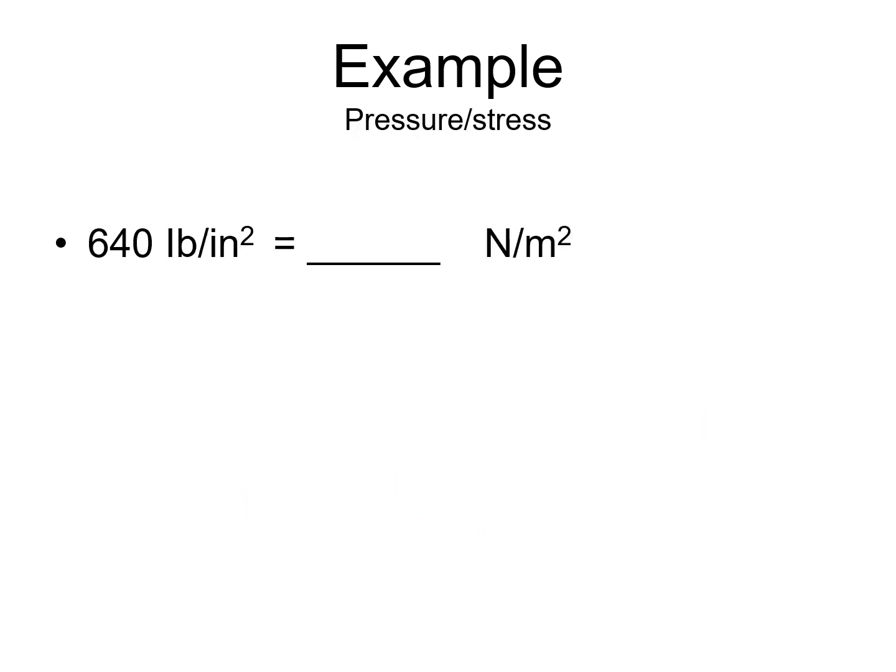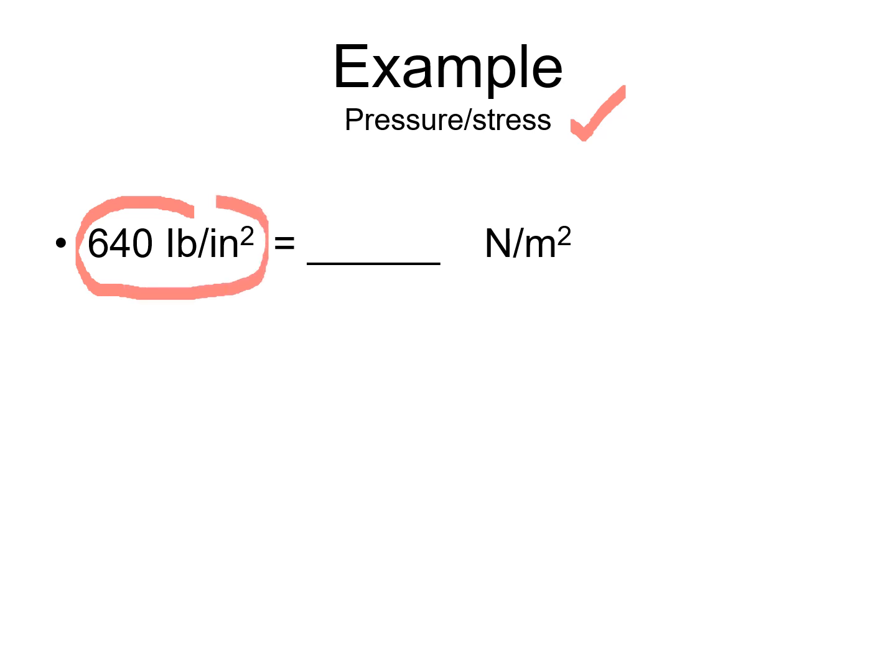Next, I want to convert pressure or stress. Stress can be a compression stress, tensile stress, bending stress, torsional stress, and so on. And this unit is also for pressure in terms of an area, not in terms of cube. Again, you must understand the meaning of this number and unit here.